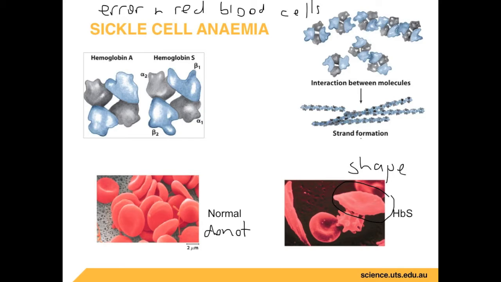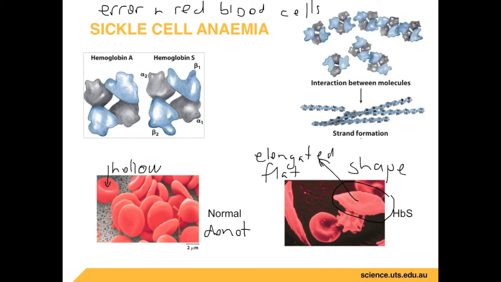It's round and it has a slight hollow in the centre. But sickle cell red blood cells become elongated and flat. They lose that hollow in the centre of the red blood cell.